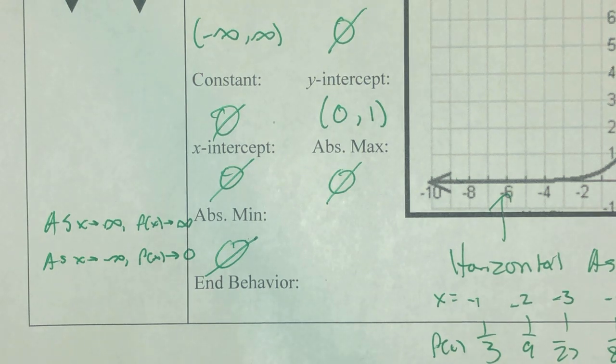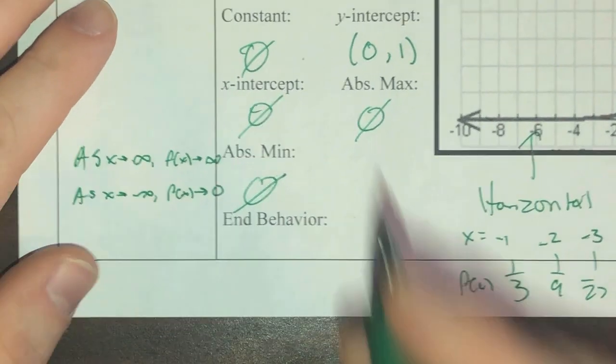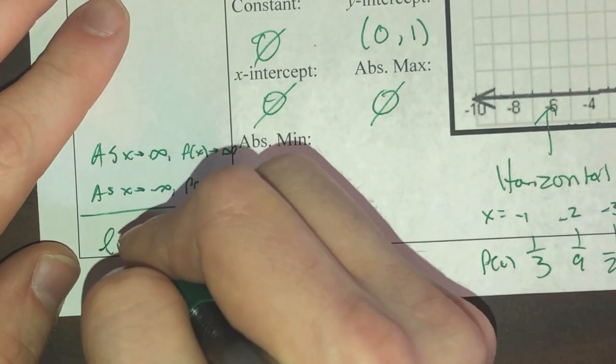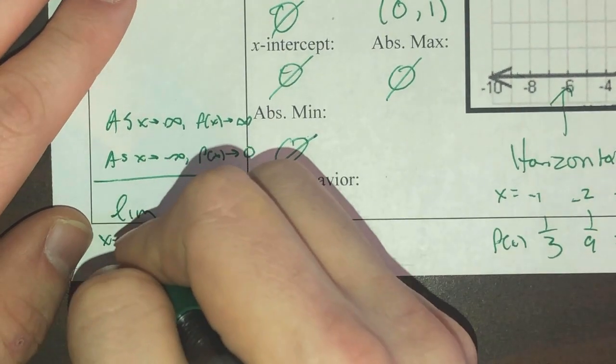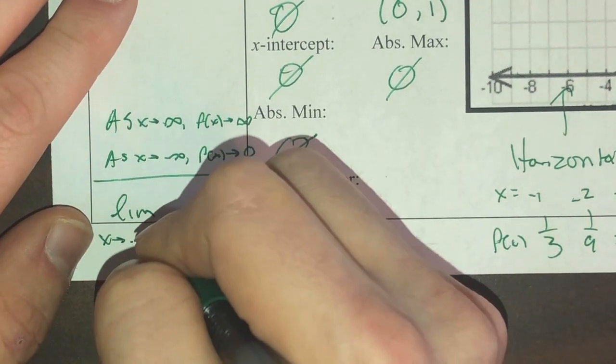It gets close enough, right? It's like at some point it's probably like 0.00000000001, but that's still not 0. It's not equal to 0, but it's sufficiently close to 0, okay? And that's what a limit when we get to calculus really is.